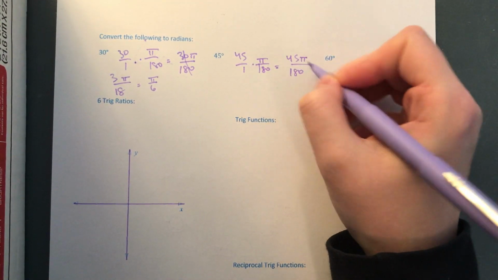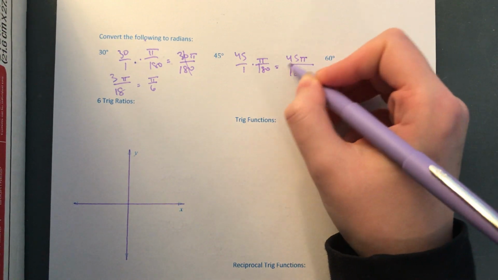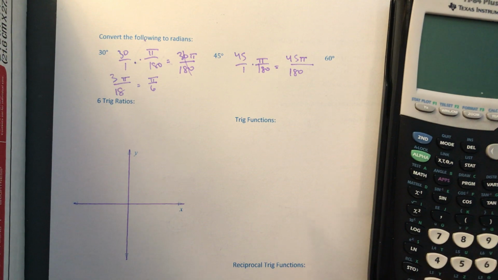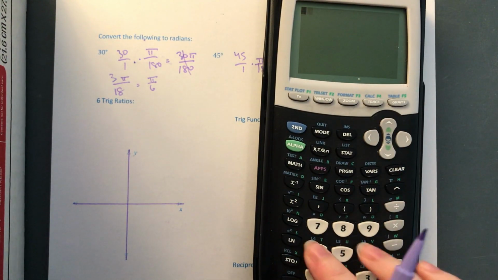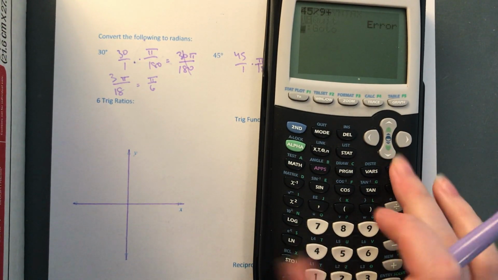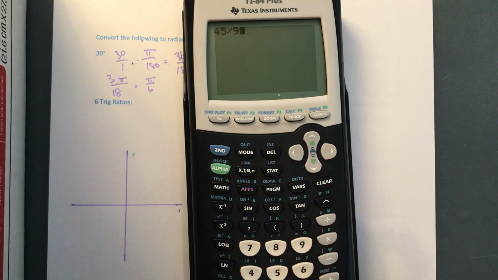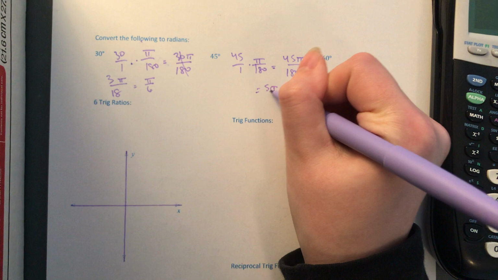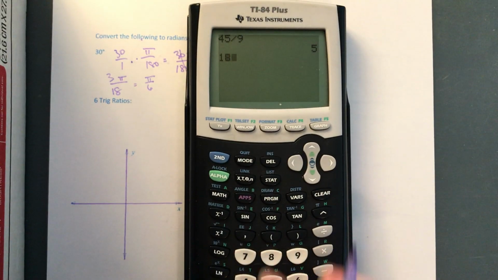Hopefully we can pick up on something that we can reduce by. So something that I see right away is we can divide both these things by 9. So 45 divided by 9 is 5. So we get 5 pi over 180 divided by 9, 20.